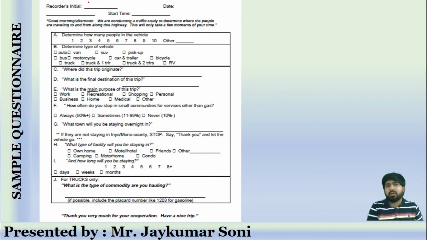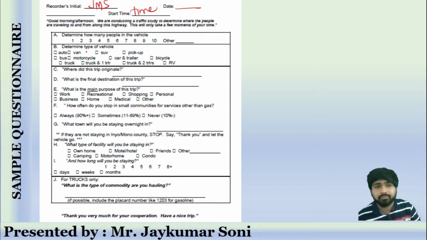This is the recorder's initial. That means if my name is Jai M. Soni, then I will write over here JMS. Then I will mark the date over here. I will write down the time over here.